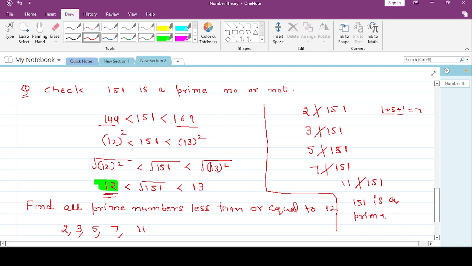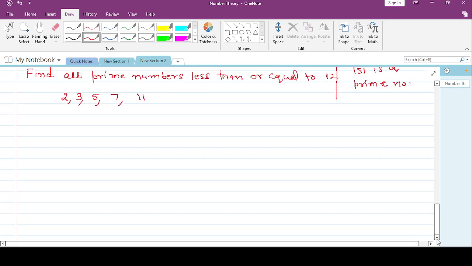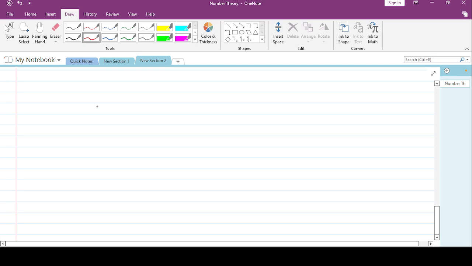Now let me show you one example where this number is not a prime number. For example, suppose you take 125.